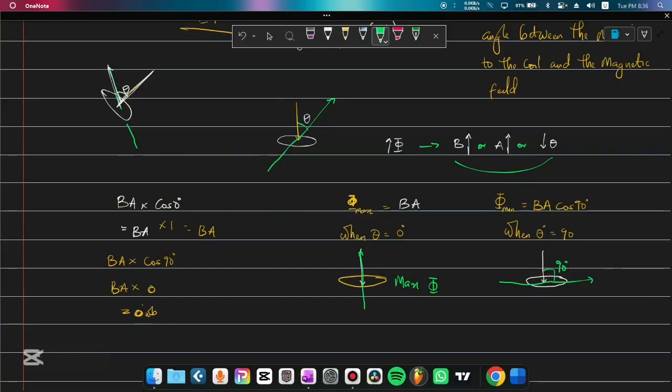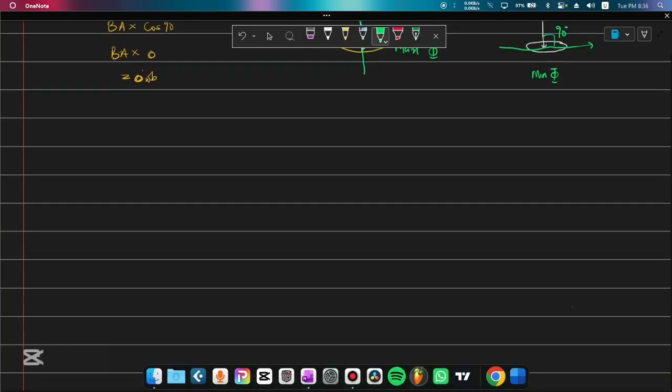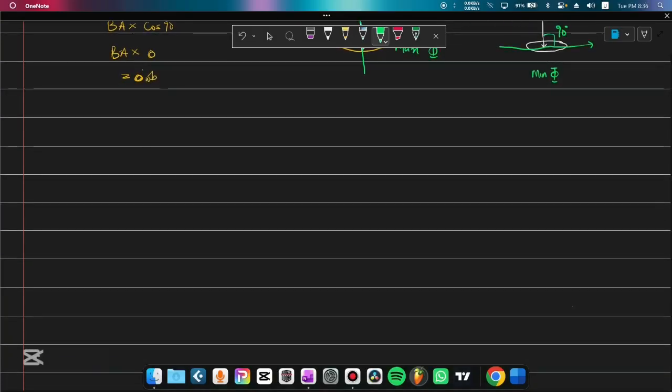And if the magnetic field is perpendicular to the normal, which means it is passing along the surface of the coil, there is going to be an angle of 90 degrees, and we have the minimum magnetic flux induced. Are we together? Yeah.